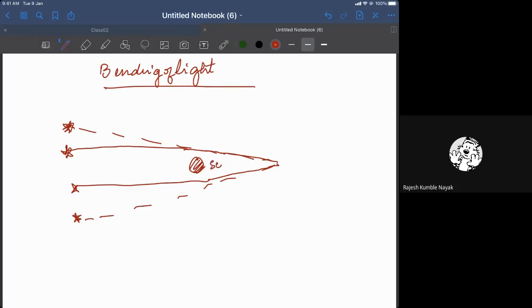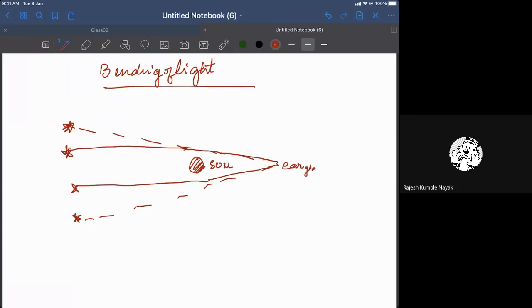And that is what you require the sun for. If you have stars behind the sun, you can see their position being slightly displaced from the original position when you observe from Earth, because of the gravitational or curvature effect around the sun. Unfortunately, you cannot see stars behind the sun because the sun is so bright.